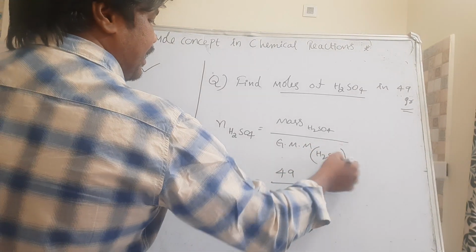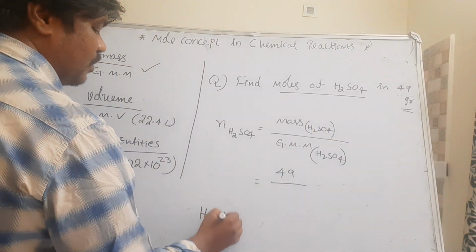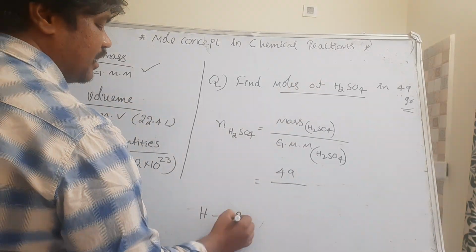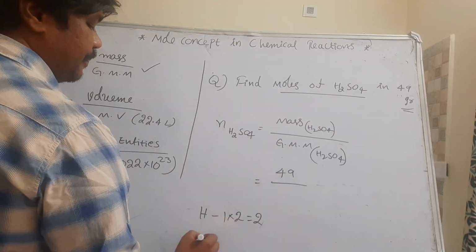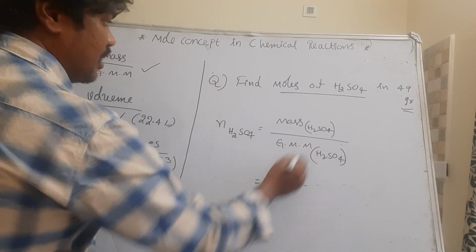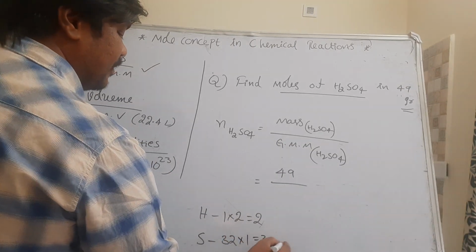How can we find it? Hydrogen atomic mass is 1. In an H2SO4 molecule there are 2 hydrogens, so now it is 2. Sulfur atomic mass is 32, and in an H2SO4 molecule only one sulfur atom is there, so again it is 32.